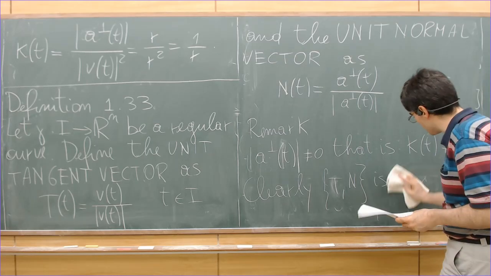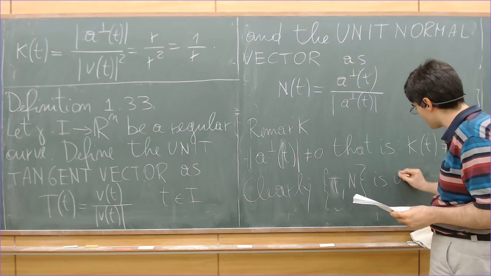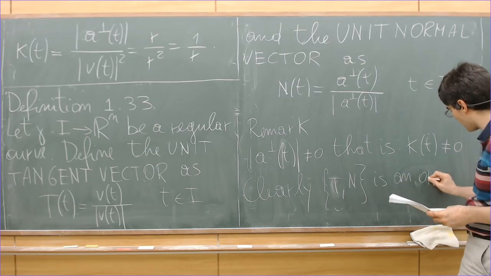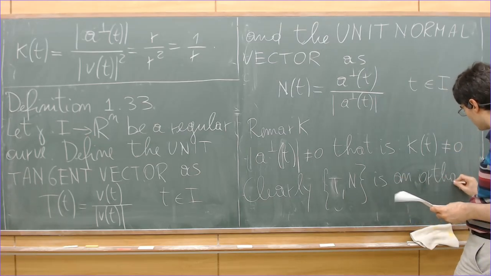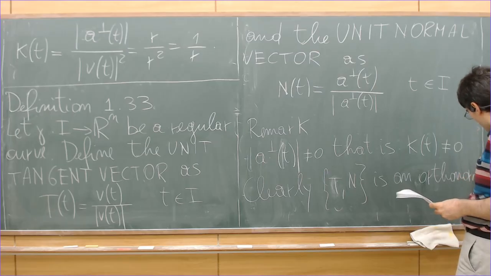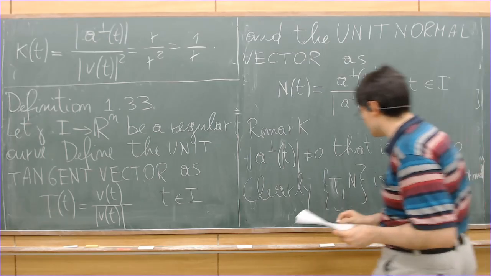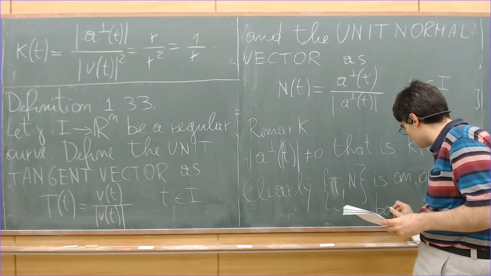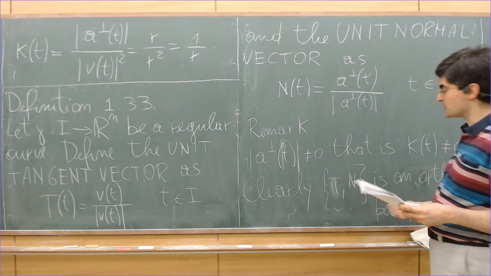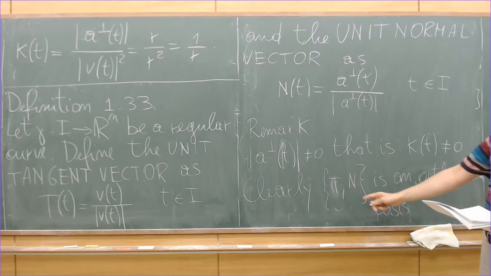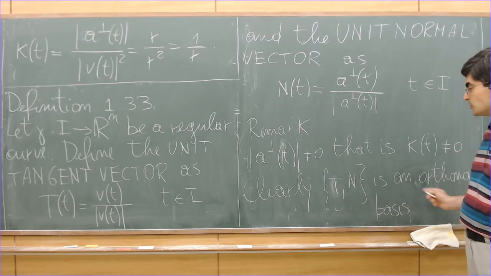So let's write: it is an orthonormal basis of their span. Why is this collection of vectors orthonormal?